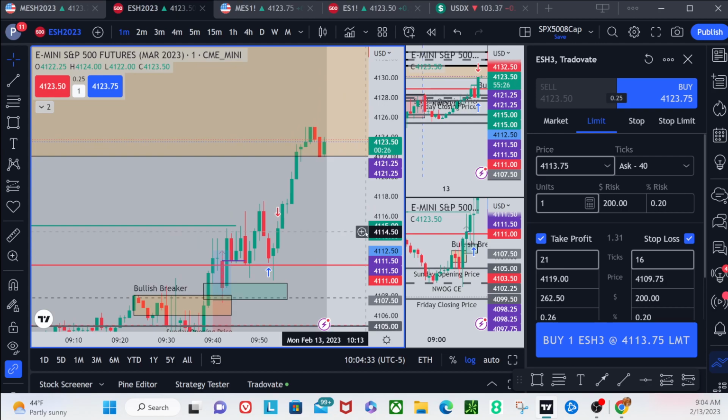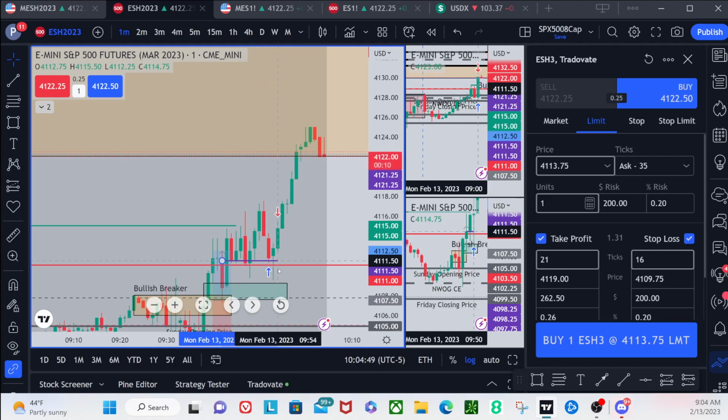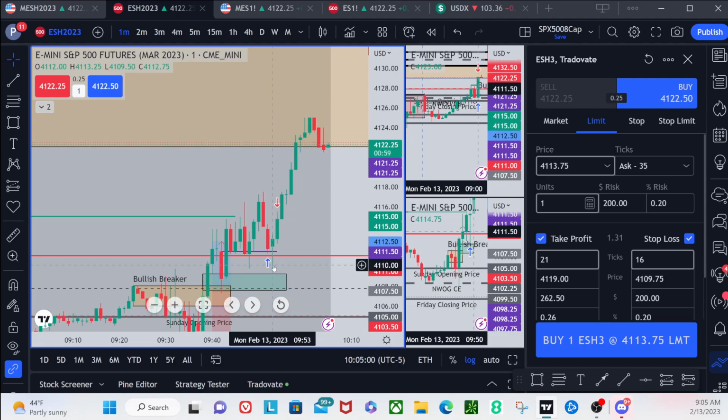Now, looking at the run from 950, right in here. So the market trades back into an order block, and 950 to 1010, that's a macro, is likely to do what? We were looking for price to reach into 4118, 4121 and a half, and then also into this 15-minute fair value gap.